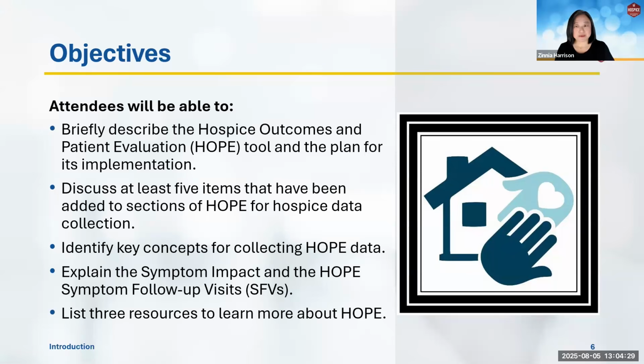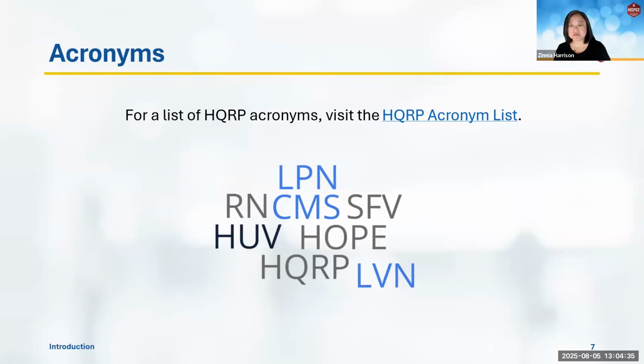We just got you started with some links in the chat, and if you were reviewing the didactic training, it was also there. There are many acronyms used throughout today's presentation, including ones related to HOPE. The link on the slide will bring you to a list of common acronyms used in the Hospice Quality Reporting Program.